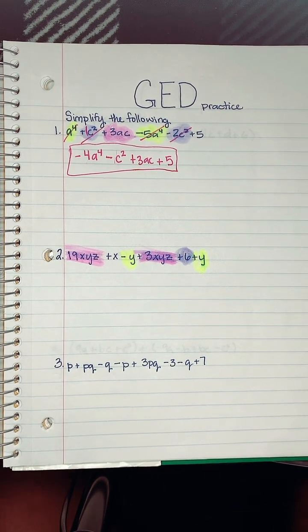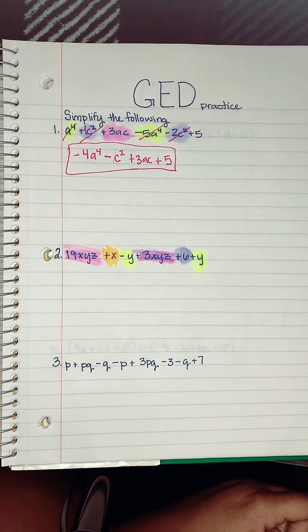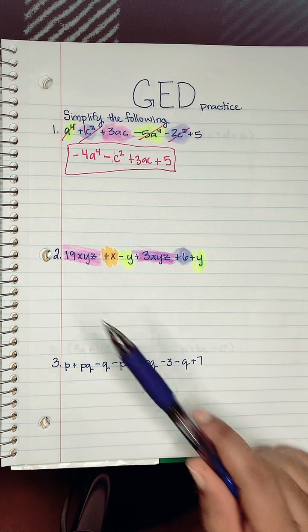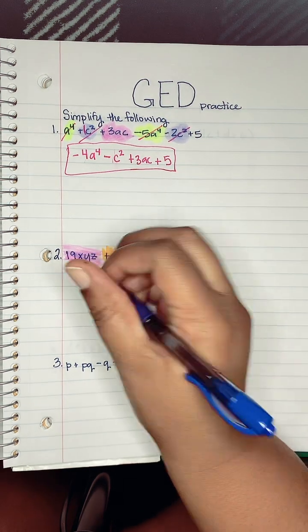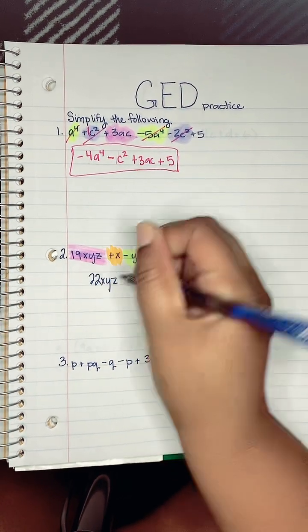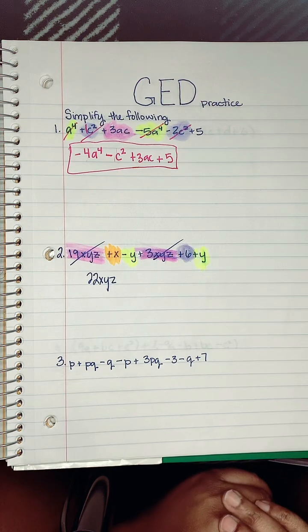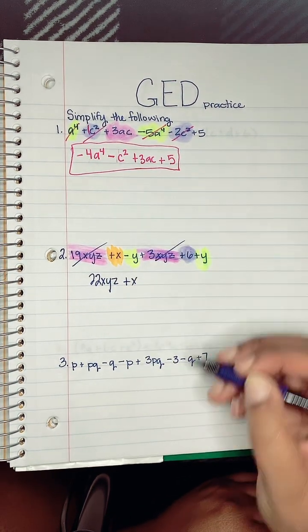And we have this plus x. Bree said 22xyz. Yes, 19 plus 3 is 22xyz. Love it. And then Bree said plus x, because we have the 1x orange.